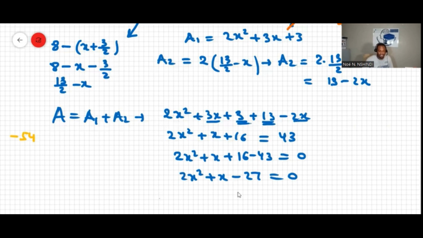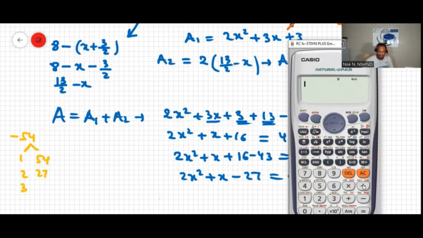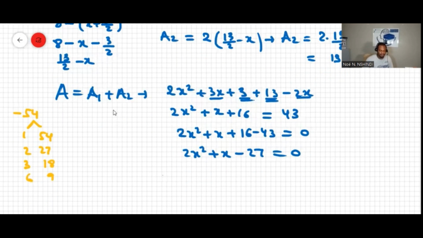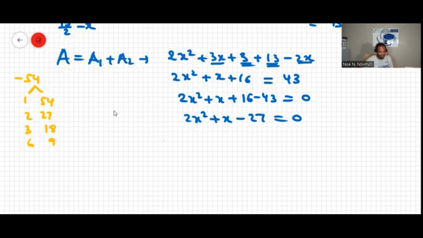And then the factors of 54 are 1 and 54, 2 and 27, 3 and 18, since 54 divided by 3 is 18, and 6 and 9. What else?